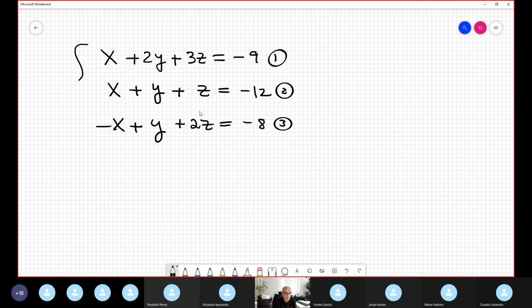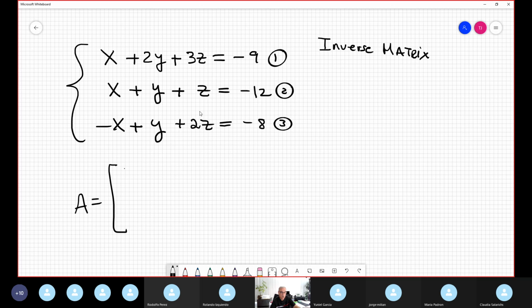Remember, in the test, there is one question like that, or two questions. You are solving using the inverse matrix. Okay? So, what is A?